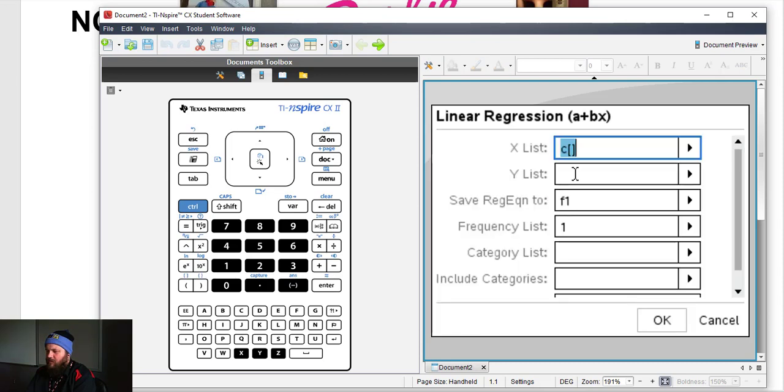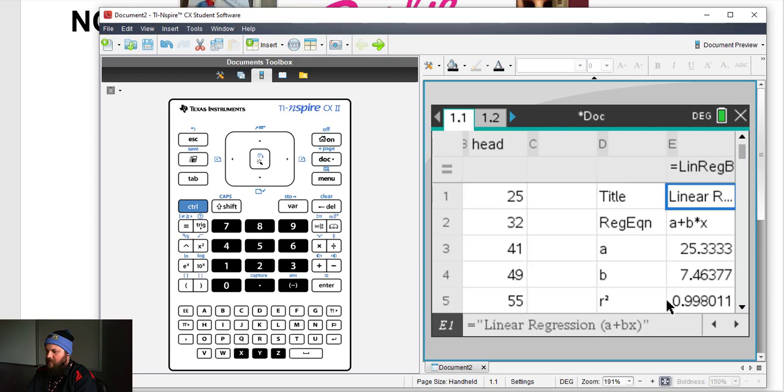Then we're going to label which list we use. For X value, we wanted the bands, that's the explanatory variable. The response was the head, and then OK. Now, it gives us right here A plus BX, so the equation. A is 25.33, and our B value is 7.46.